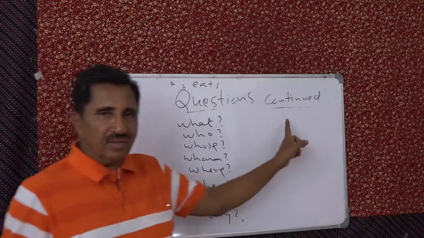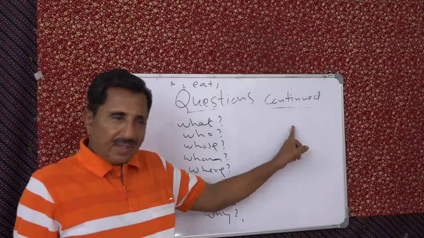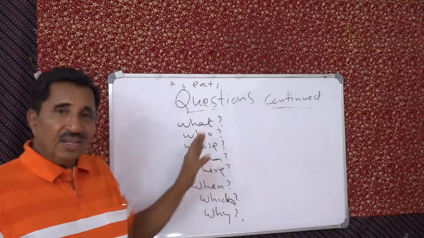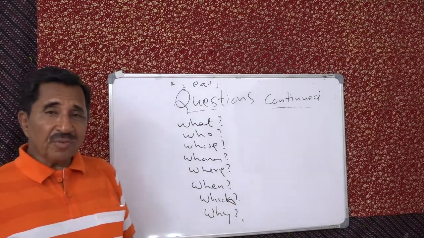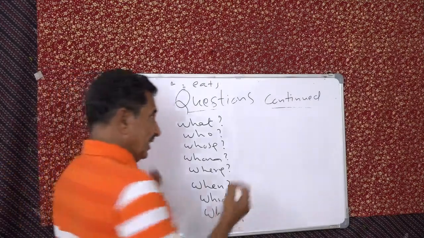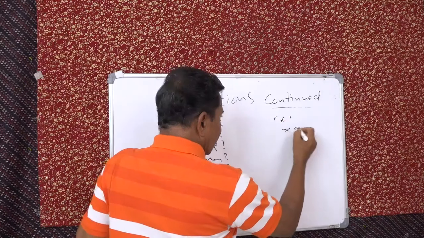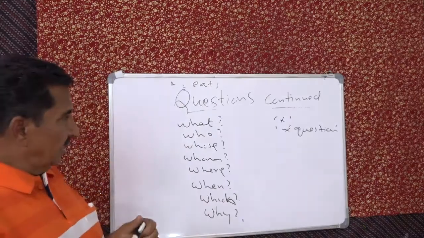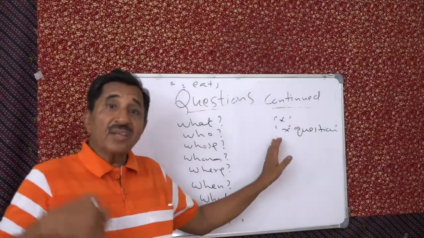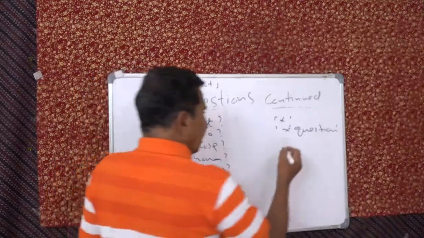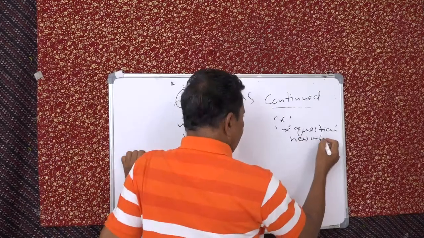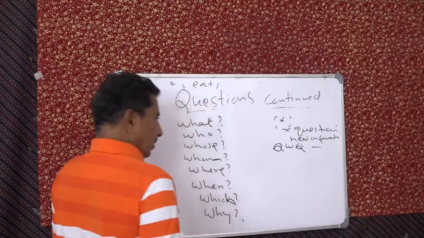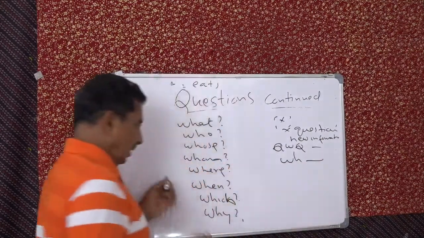So if you make a question with WH words, it is a WH question, or question word question, or new information question. Instead of saying new information, you can say X. X is the new information. So different books of grammar call these questions different names. X question means new information question, and WH question means it begins with the WH.